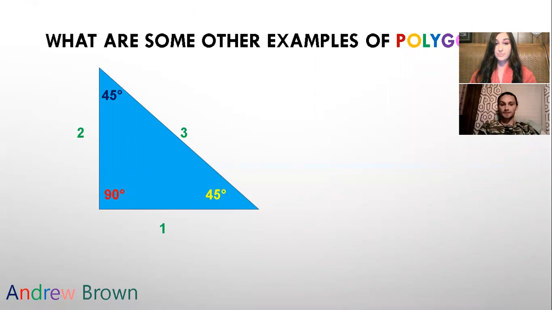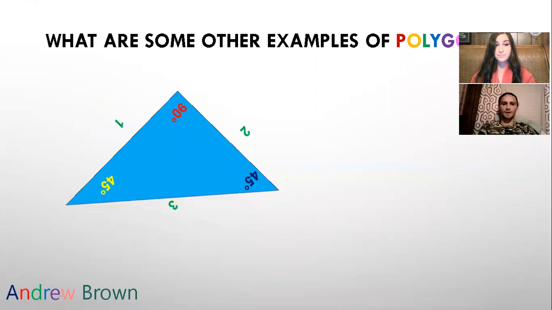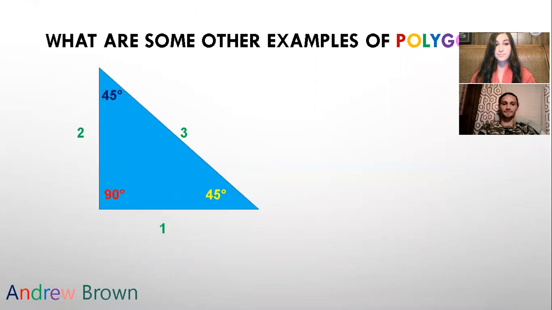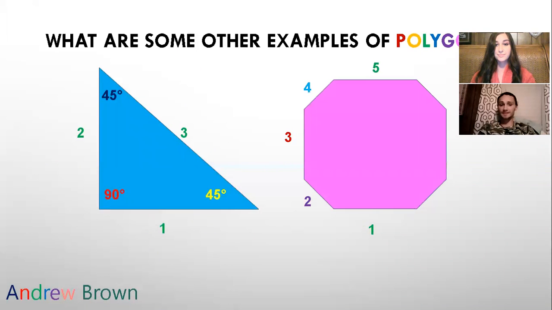Glad you asked. A polygon is a plane figure with at least 3 straight sides and angles, and typically 5 or more. Here is an example. We have a right triangle. We have 3 straight sides and 3 angles. Now, we also have an octagon right here on the right.